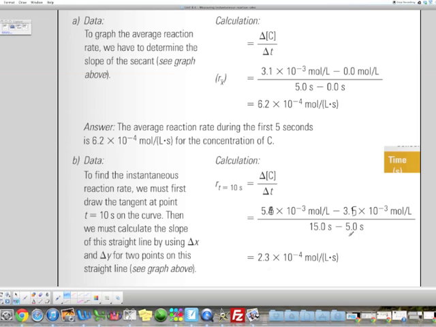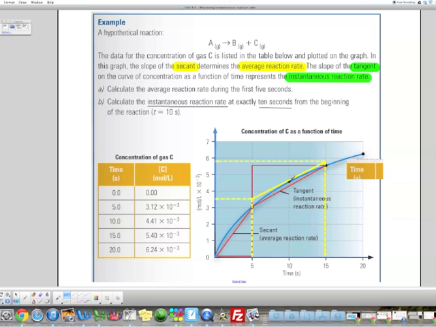That gives you the same answer as they get, which is 2.3 times 10 to the negative 4 mole per liter second, which really shows you that it doesn't matter at what angle you draw your tangent, as long as it's not crossing the curve, it's just sitting on it, so to speak. You should get about the right answer or the same answer. We will accept, no matter what, a slight variation on a test, for example, so you don't have to be stressed about that.